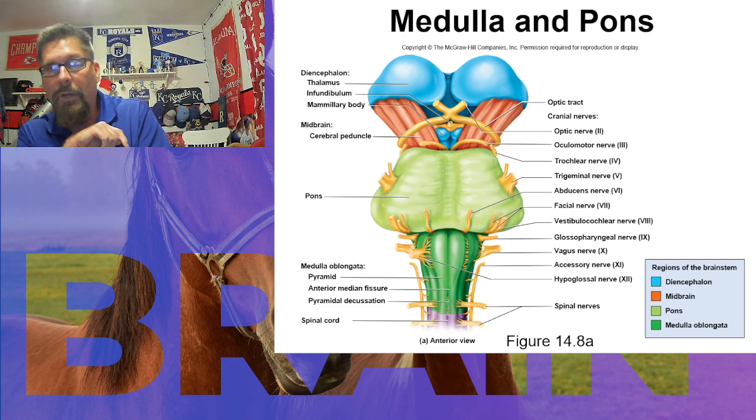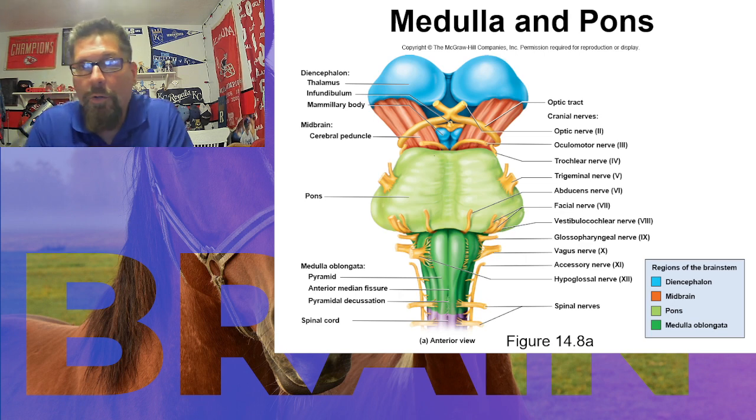But then you've got the midbrain, which is kind of the upper part of the pons, that orangish area there, kind of the top of the pons up to the thalamus. And in the blue, the diencephalon, the hypothalamus, the thalamus area. A lot going on there as well.